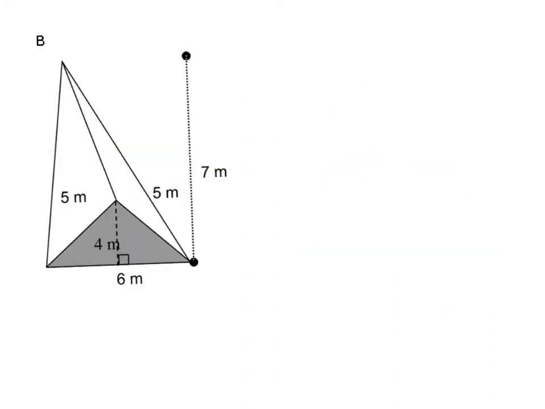This one is kind of a crazy drawing. It's actually a triangular based pyramid. So the gray part is on the bottom, and if you can picture there are 3 sides coming out of that. The important thing here that we need to know is that we are going to find the volume as if this was a triangular based prism.